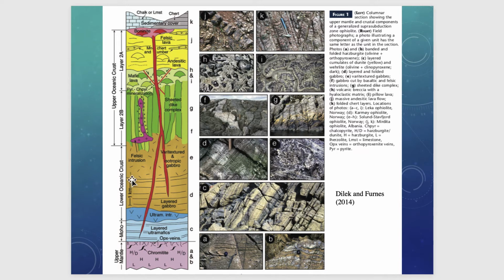So this is roughly a thickness of a kilometer until you get into more varitextured and isotropic gabbros. So you have some images of these gabbros in E. Varitextured gabbros will not display this classic stratification, which is typical of the layered gabbros.